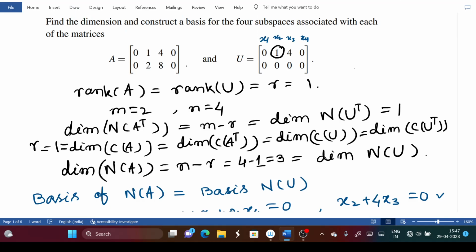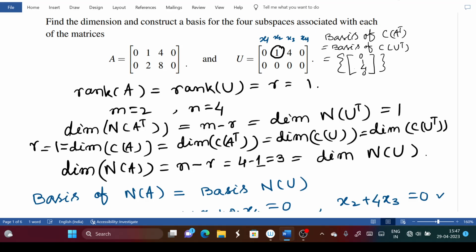This is the first row, which is same as basis of row space of U. So basis of row space of A is equal to basis of row space of U, that is equal to the first row, that is 0 1 4 0.